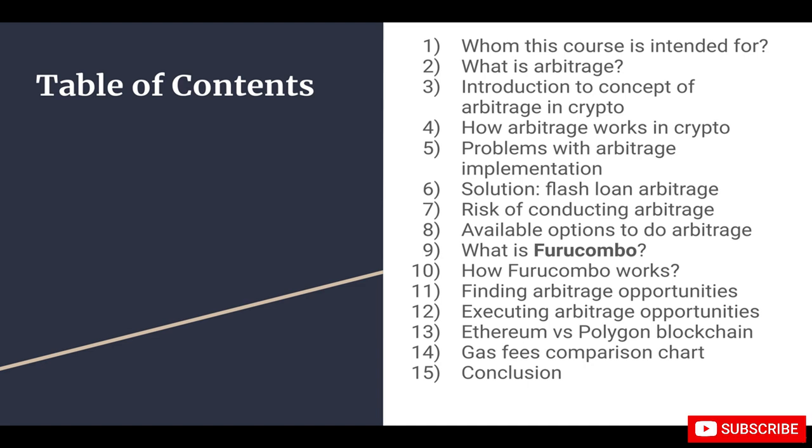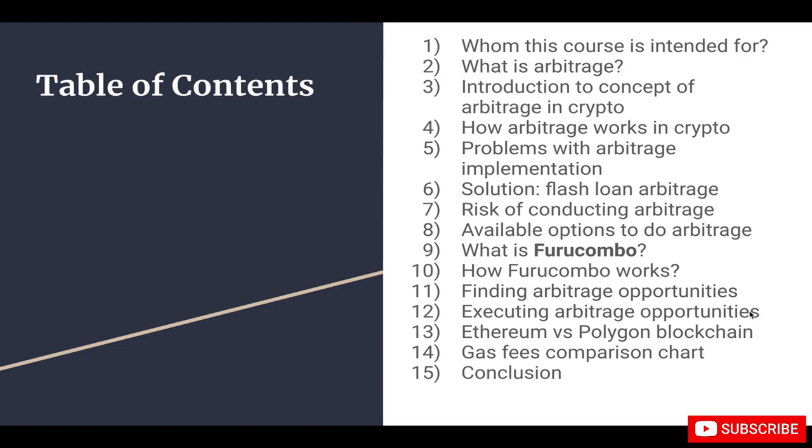So that's why in chapter 11 we're going to go to several different websites to do price tracking and monitor price discrepancies between one DEX and another DEX, or one coin and another coin. So that's what we're going to do in chapter 11. And chapter 12, executing arbitrage opportunities.